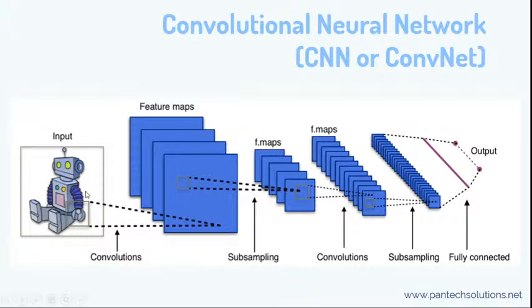You can see here I have an input image of a robot. First the algorithm takes the important parts of your input data, then does some sampling and converts it into an image. From that image it takes the important values, converts them with some sampling, and then predicts an output. That is the use of the convolution layer.